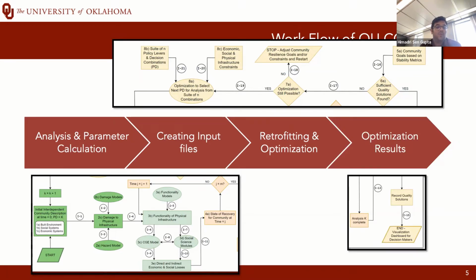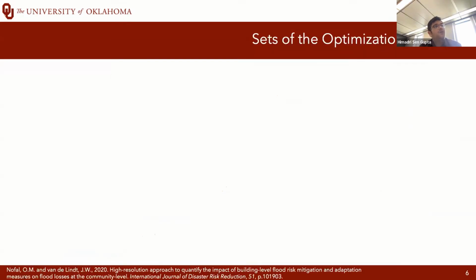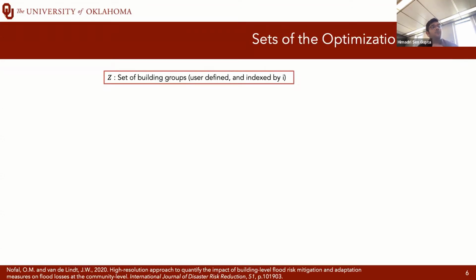We are working on making some cool visualizations to make our result more understandable by a wide audience. And here we can see our optimization model, and here is our set of building groups.